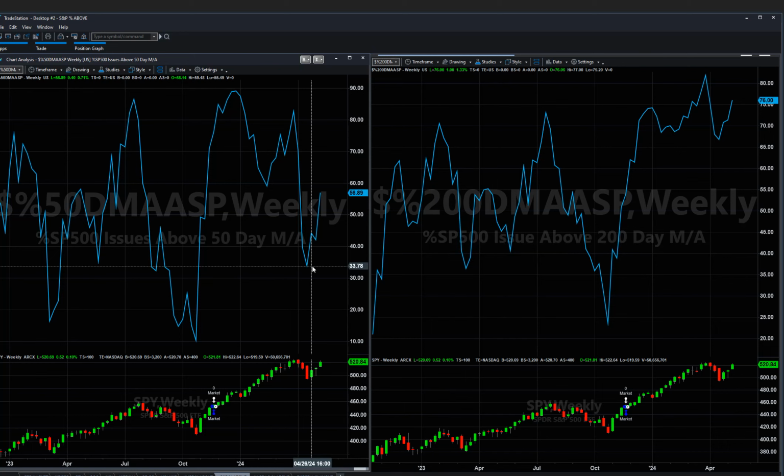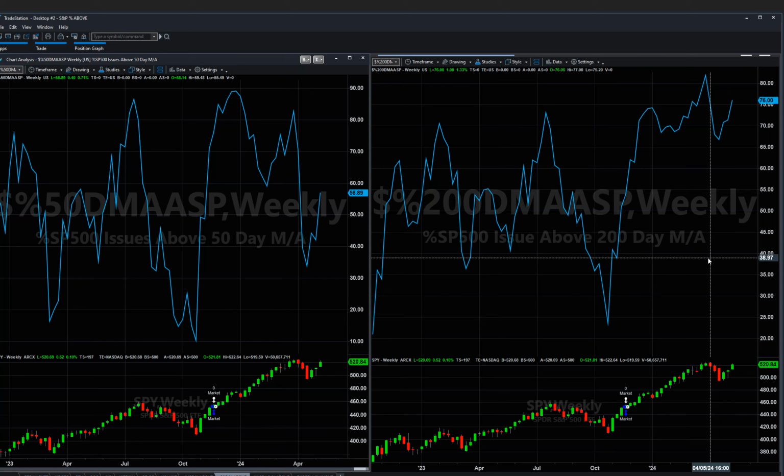Now, if you follow the crosshairs here, if you go back to this peak here, that was at the higher price here. So you can see that we were at about 80 to 83% of stocks above the 50-day moving average at this high that the spiders are getting ready to test right now. But today we're only at 56%, 57%.